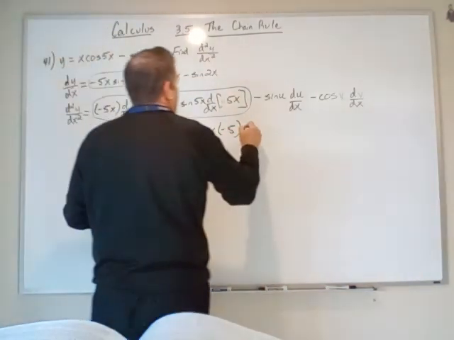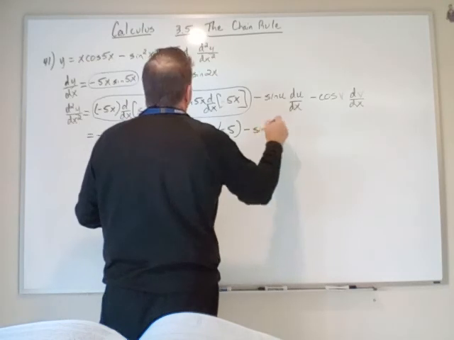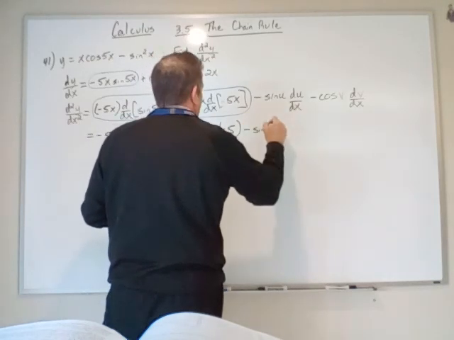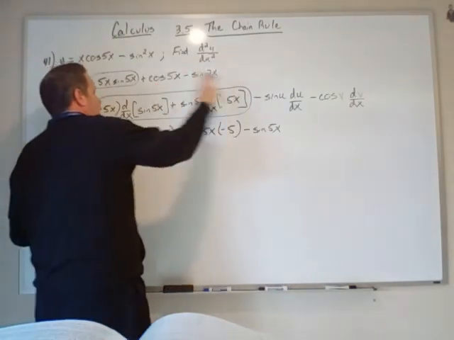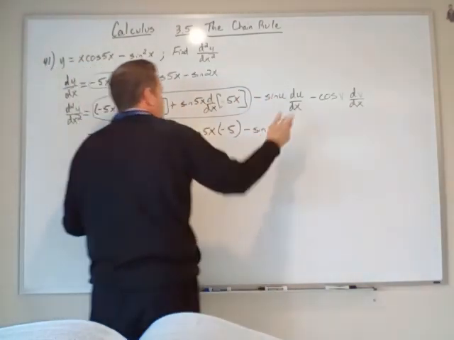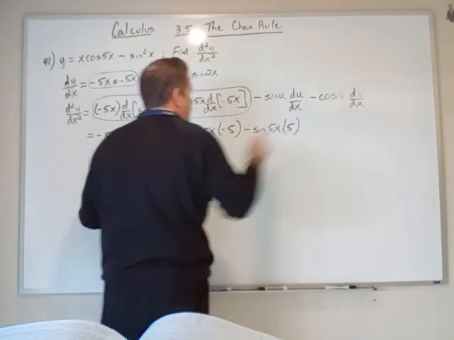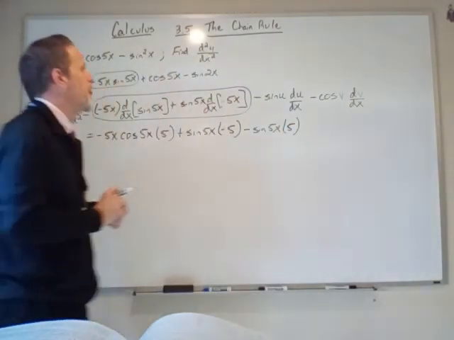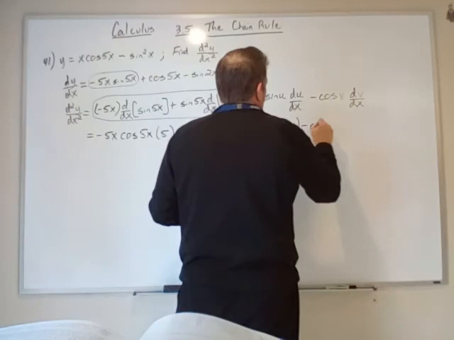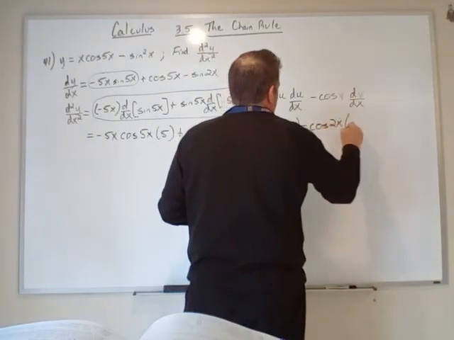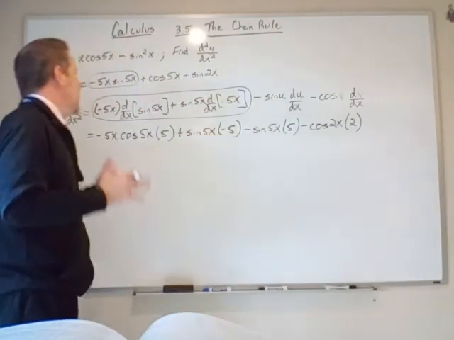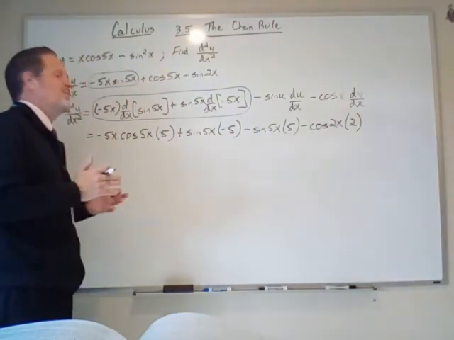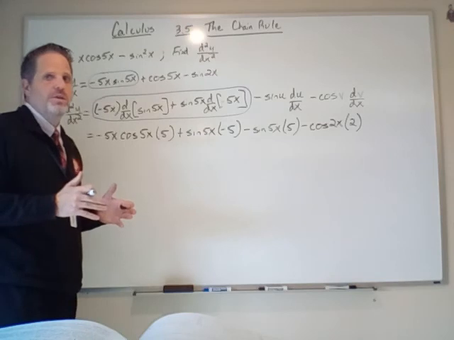Minus sine of 5x for that u, because that's where it came from, the derivative from here, that cosine. This u was a 5x, and then the derivative of u is a 5 with respect to x. Minus cosine 2x times the derivative of 2x. So that's a 2.